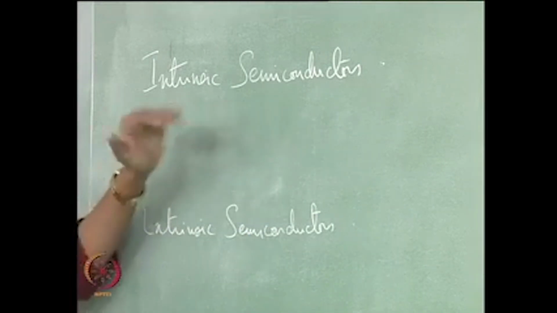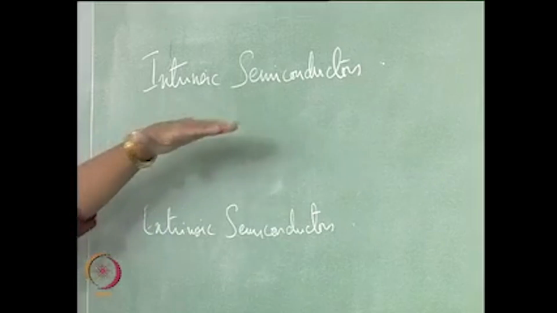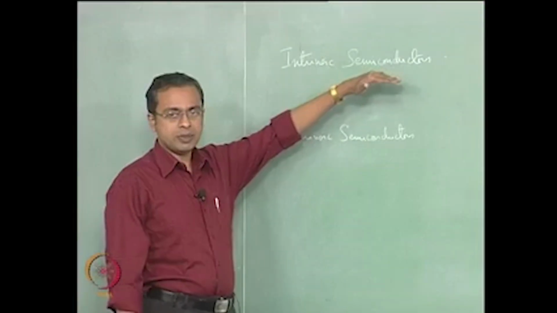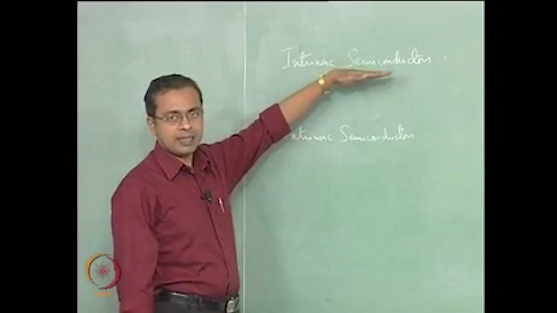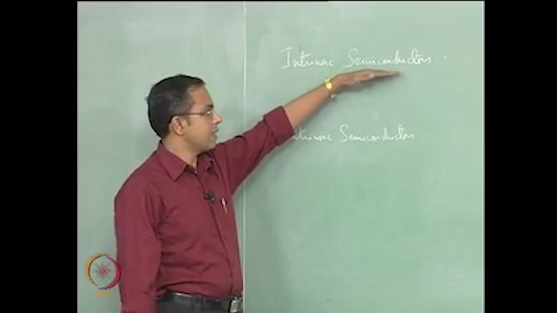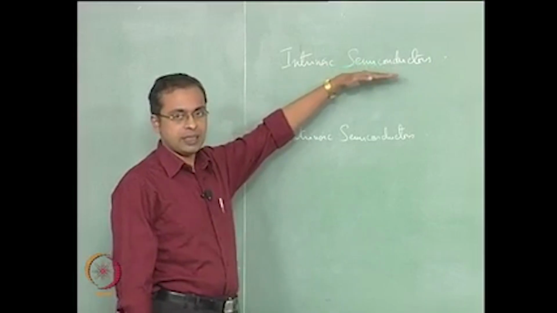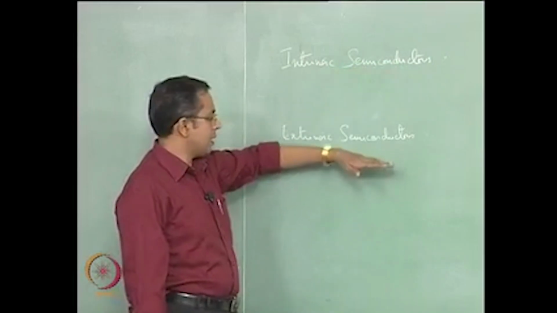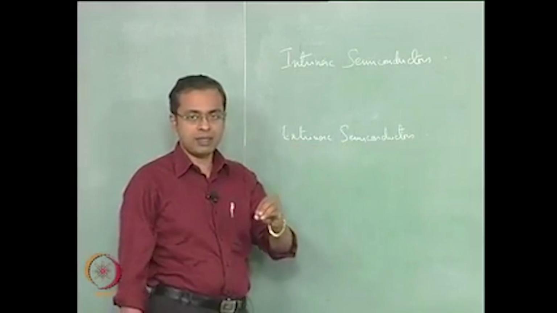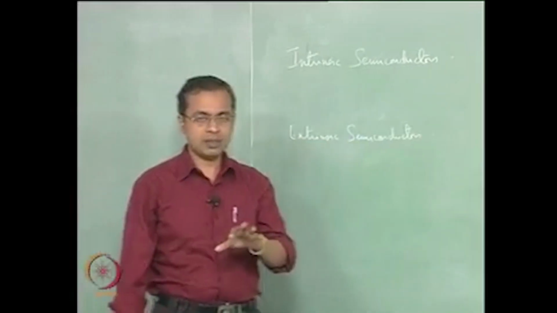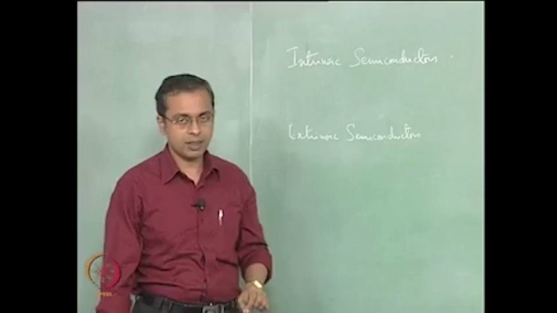The main difference is that in intrinsic semiconductors the property that you see is that of as pure a material as you can get, with no deliberate additives. You are seeing the property of that material, and in extrinsic semiconductors we have deliberately added some dopants which change the manner in which the material responds.